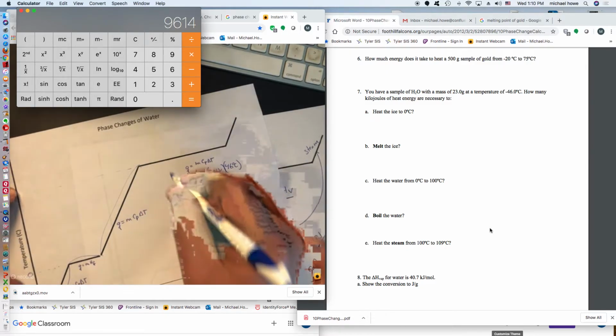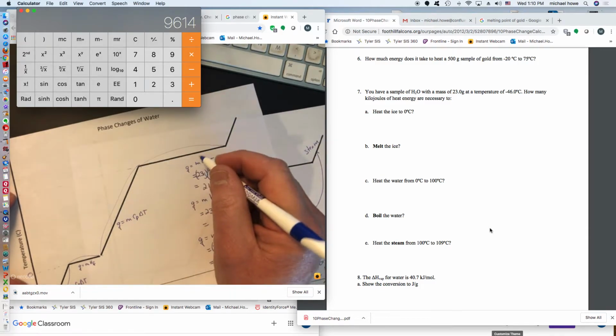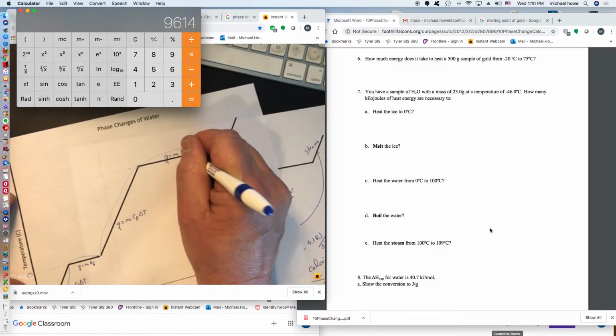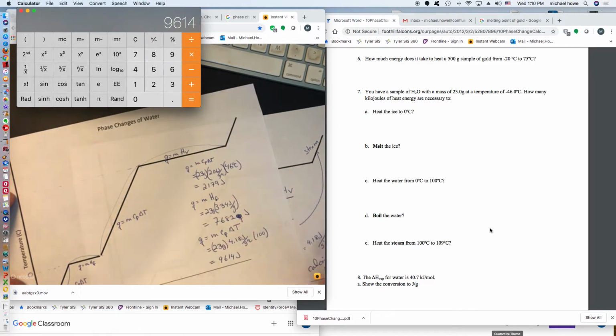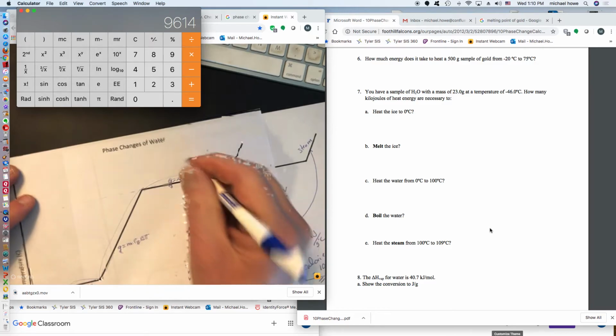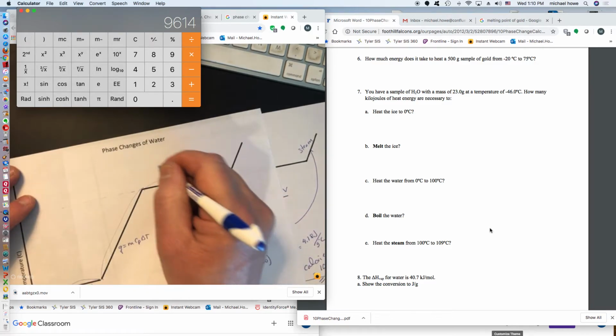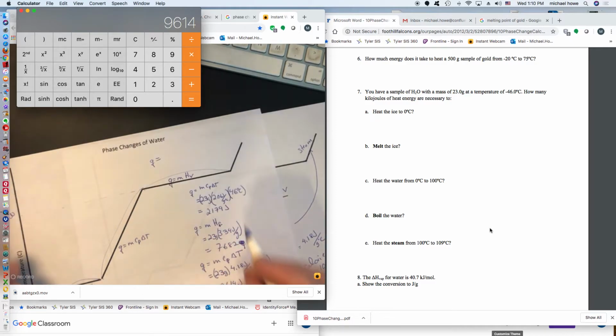Now we need to cross this line, and this is the boiling line. Now remember, for boiling, the quantity of heat is equal to the mass times the heat of vaporization. So I'll go ahead and show that calculation right here. Q is equal to the mass, which is 23 grams.